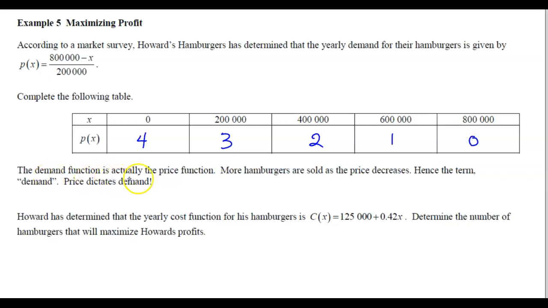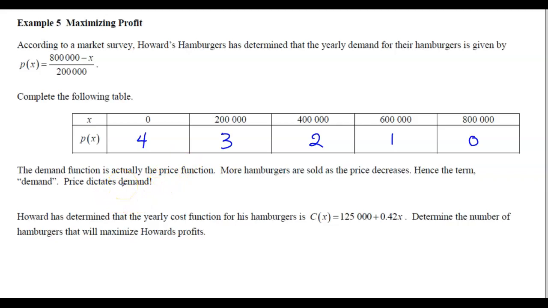Okay, so the demand function is actually the price function. More hamburgers are sold as the price decreases, hence the term demand, supply and demand. The demand function, so that's the price of a burger, if these are however many were sold in the year.